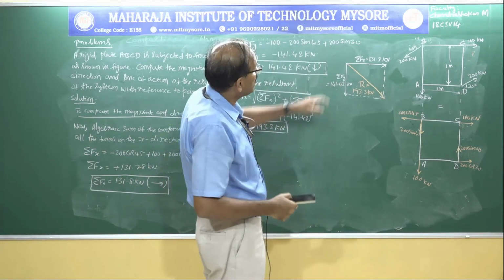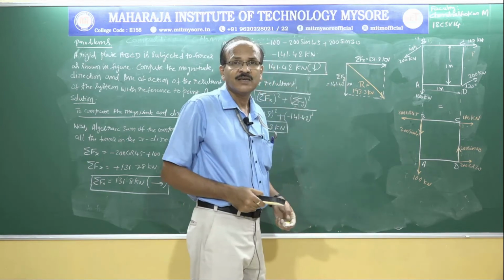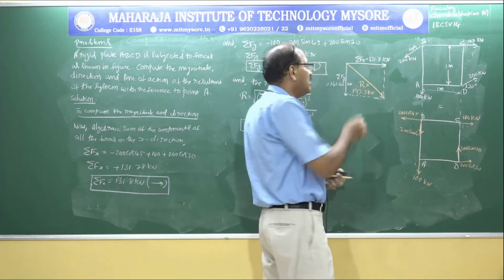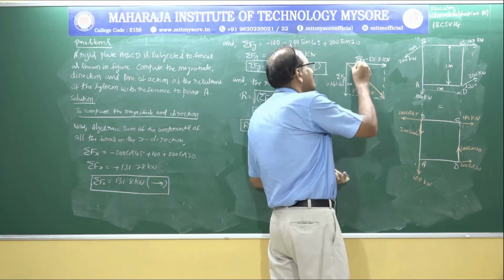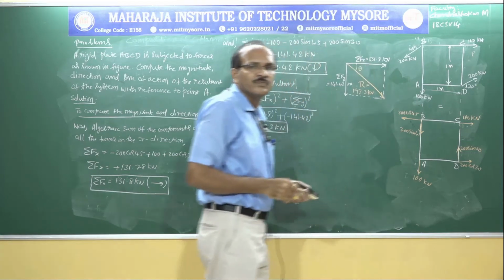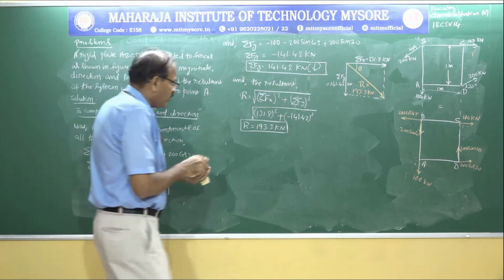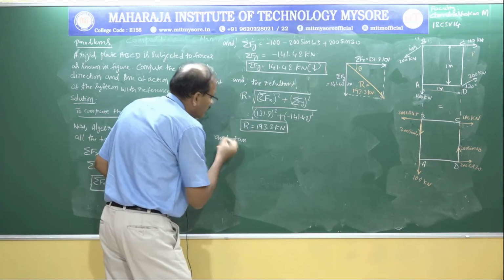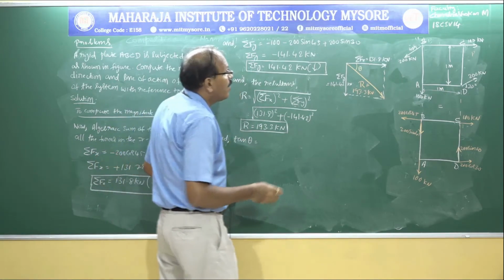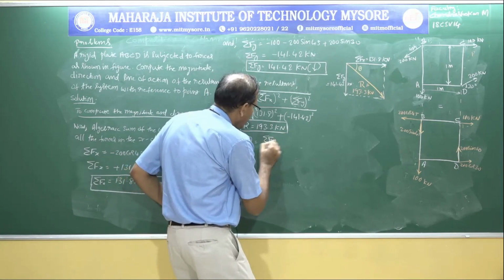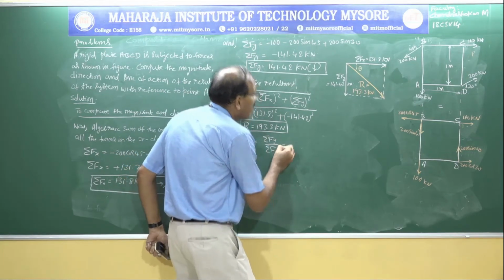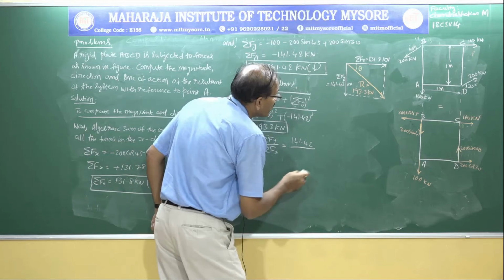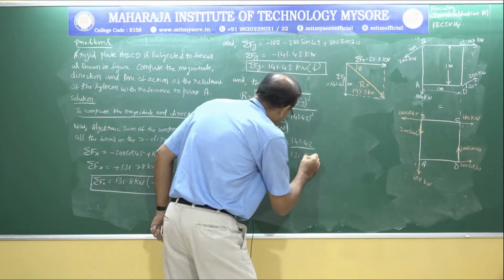Okay. Then I need to know at what angle this resultant is inclined with reference to some reference line. Here, as usual, we always take the horizontal line as reference. So I am going to call this theta. Therefore, tan theta equal to opposite side, that is sigma Fy divided by sigma Fx, equal to 141.42 divided by 131.8.